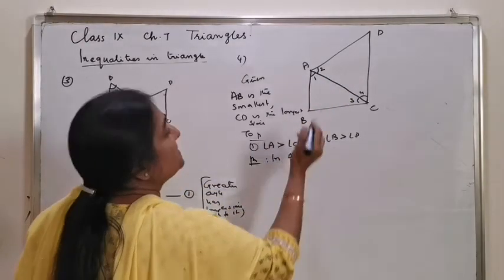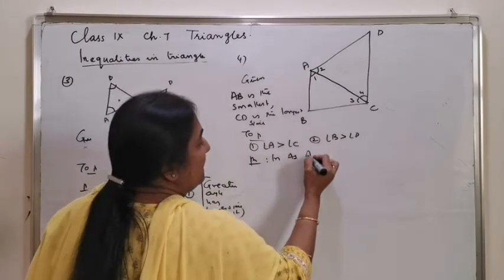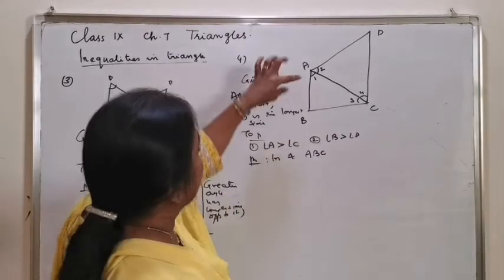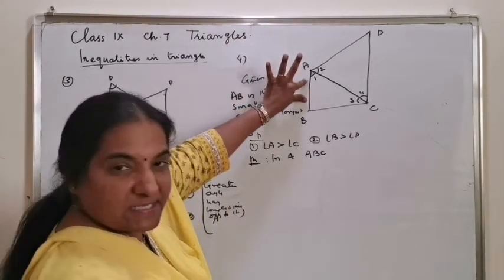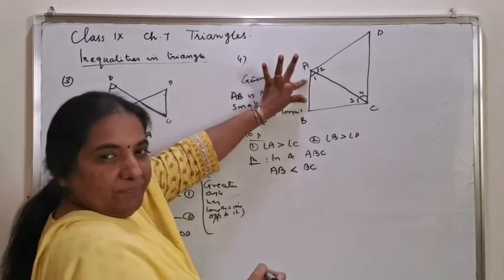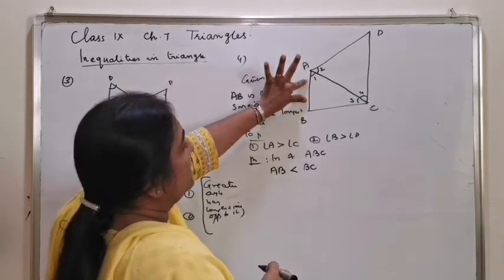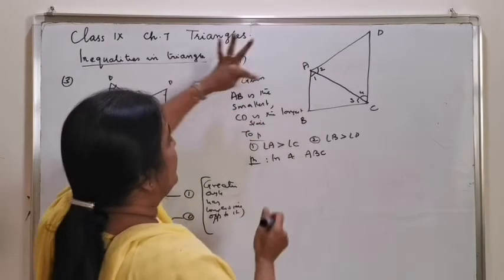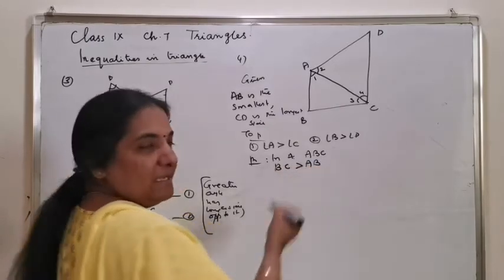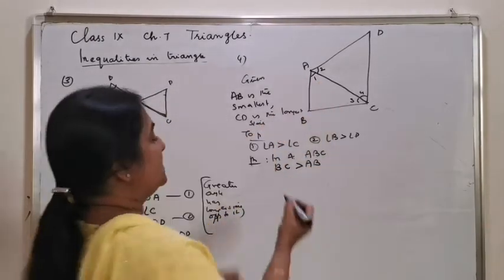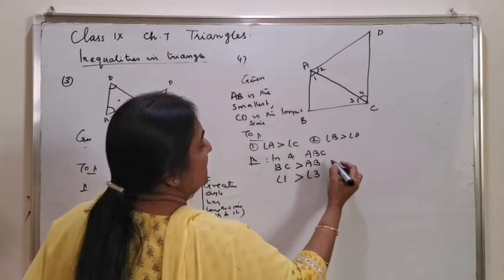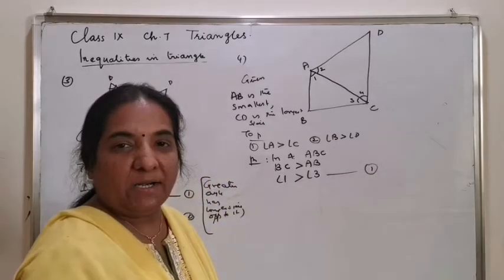In triangle ABC, AB is the smallest, means AB is smaller than BC. So immediately BC is greater. You can take it as AB is the smallest means BC is greater than AB. Opposite to BC is angle 1, greater than opposite to AB is angle 3, equation number 1.